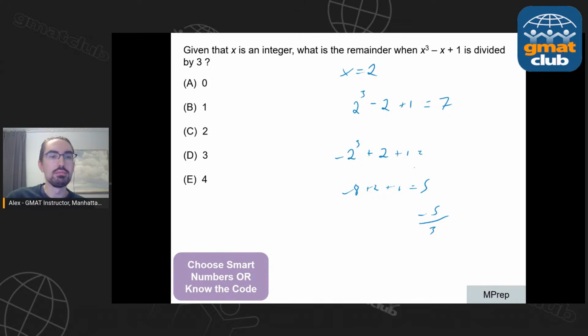So on the GMAT, you've got to have positive integers to get a remainder. There's your takeaway. If there weren't a rule about that, then we would have said something like, given that x is a positive integer.